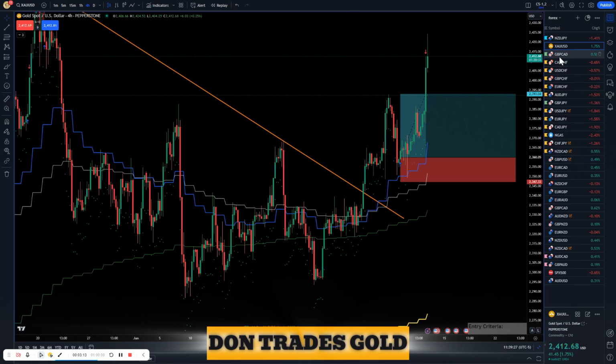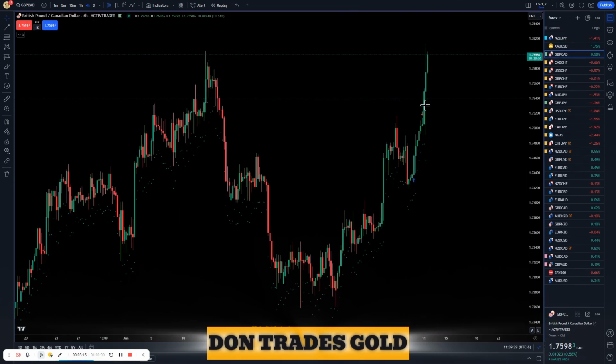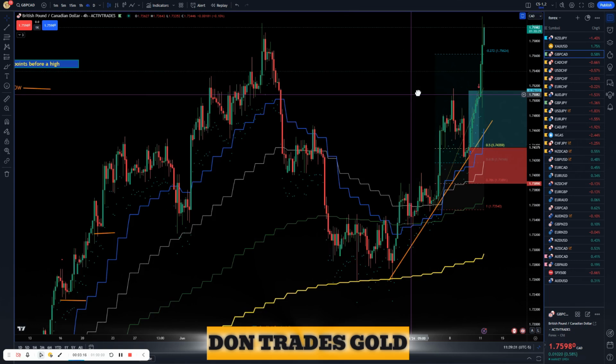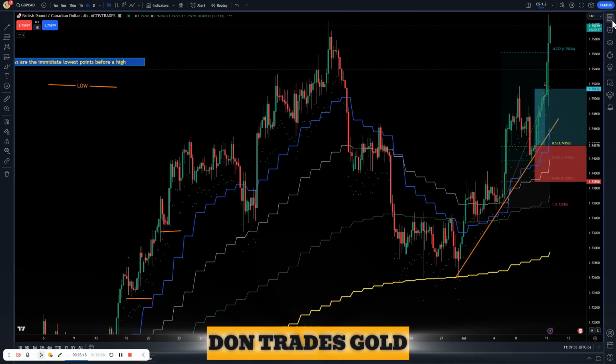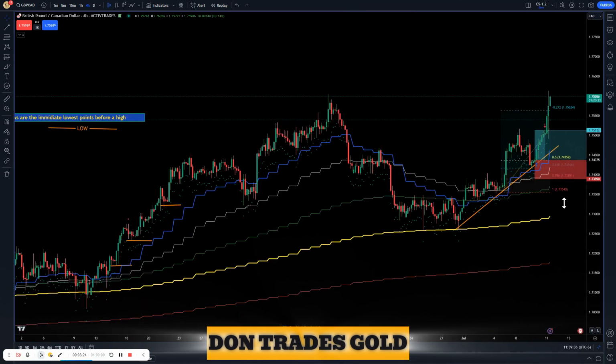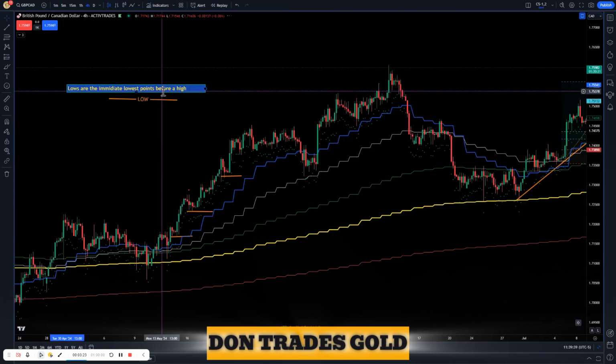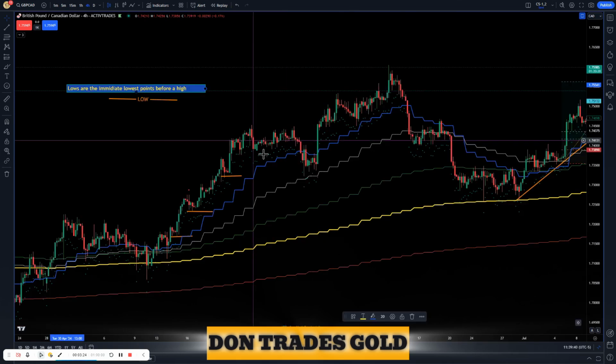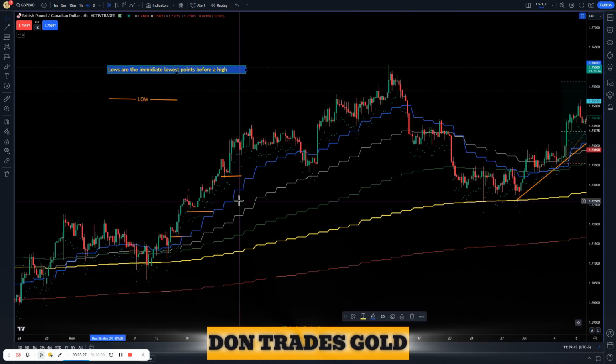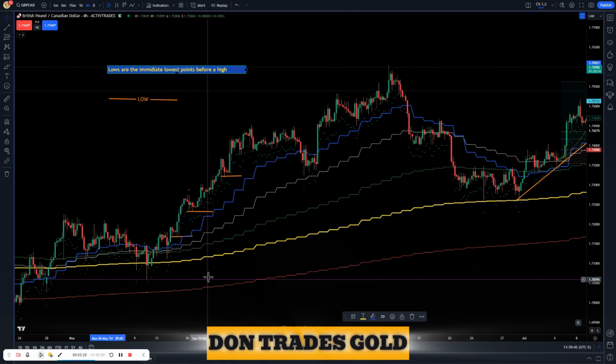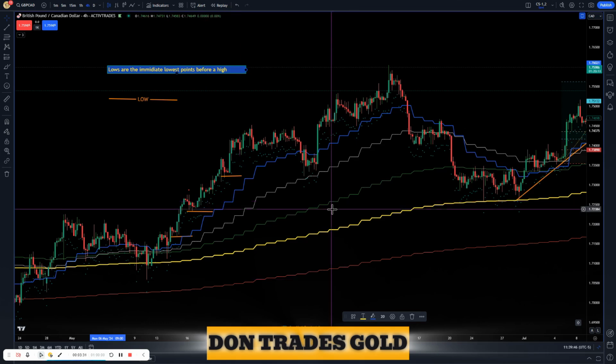Let's go to the GBP CAD trade here. So if I zoom out this trade, let's close this. If I zoom out this trade, right? So I've made a few notes on the chart here. You can see clearly the price is going up here, but you might have heard this term called higher highs and higher lows.